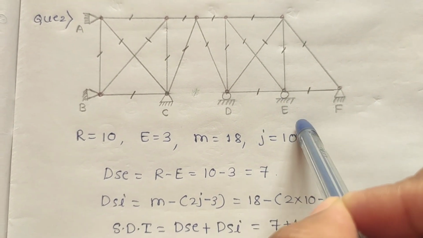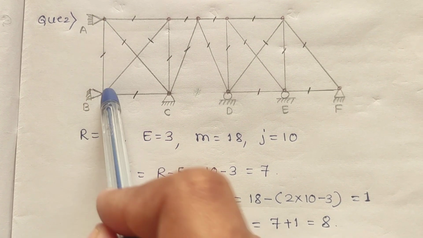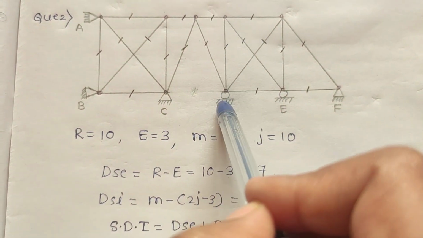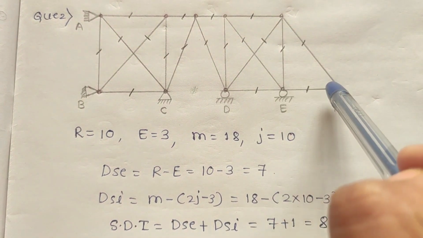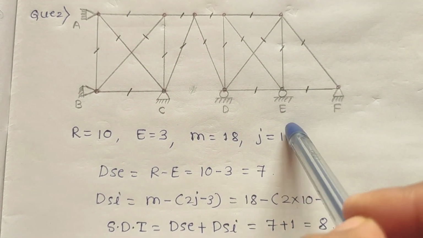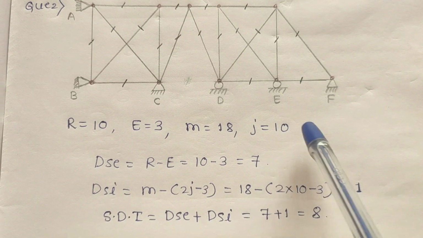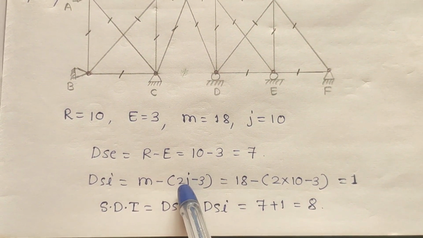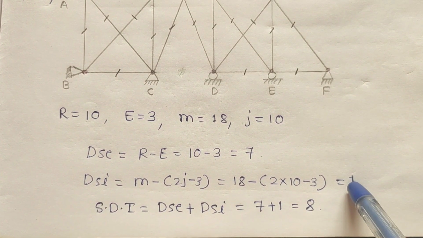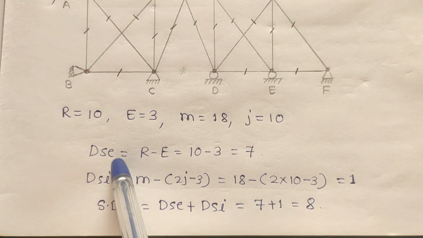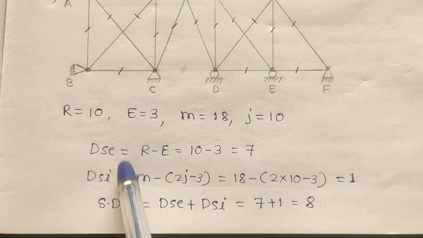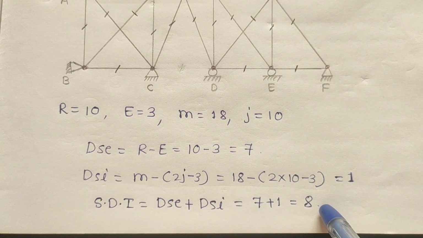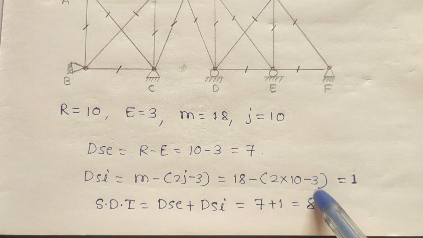Then count the number of joints: 1, 2, 3, 4, 5, 6, 7, 8, 9 and 10. The number of joints is 10. Put the values of M and J in this equation. You get 1 as the internal indeterminacy. By adding these two, you get the value of total static indeterminacy for this particular truss, that is equal to 8.